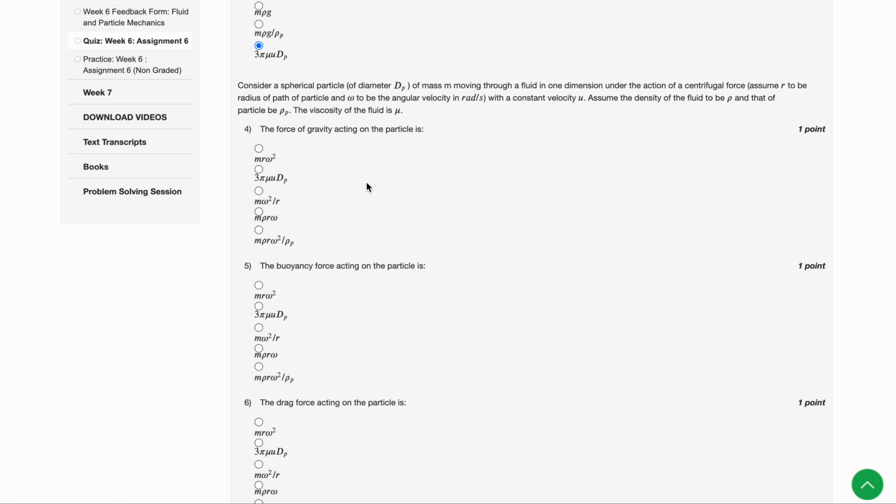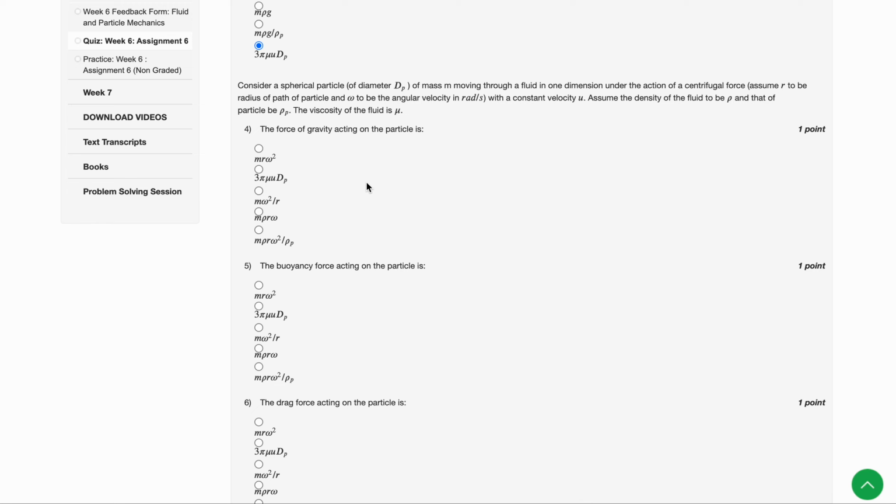Okay, so what it says, that consider a spherical particle of diameter d of mass m moving through a fluid in one direction under the action of a centrifugal force. Okay, so the particle is moving under the action of a centrifugal force.